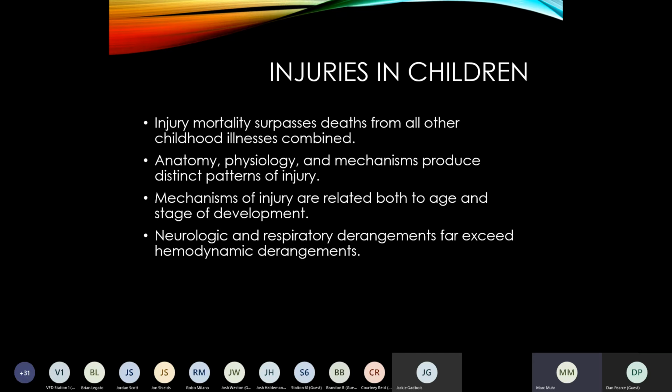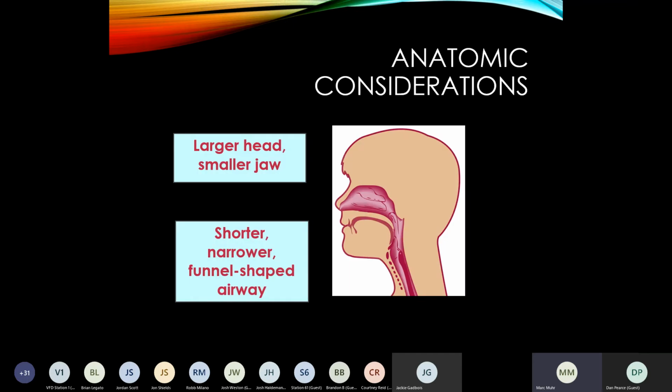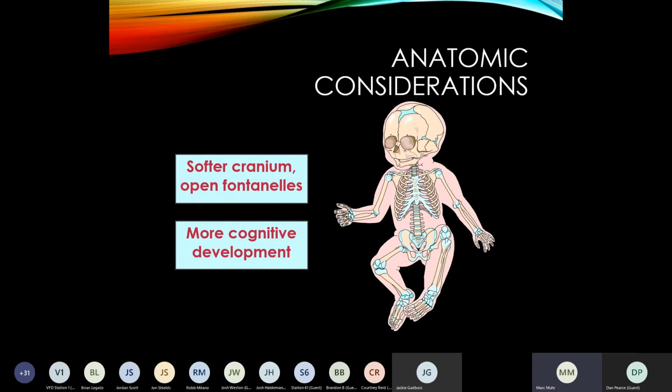Neuro and respiratory derangements far exceed hemodynamic derangements. We'll talk about that as well. They have a larger head and smaller jaw. They have a shorter, narrower, funnel-shaped airway. Kids, especially younger kids, also have a softer cranium. Their fontanelles haven't fused as of yet.